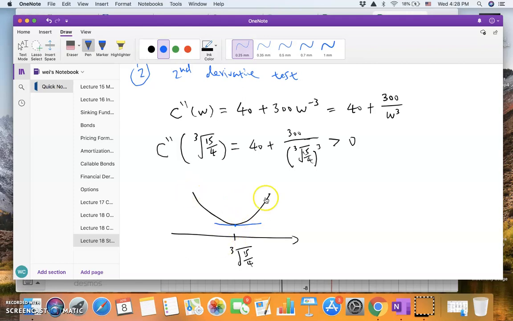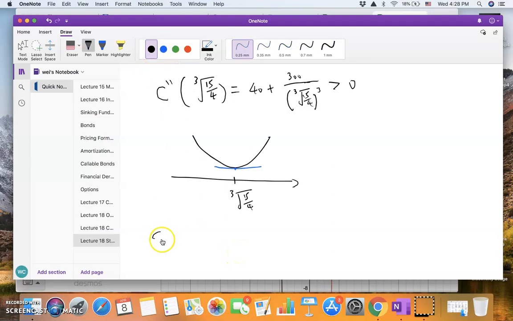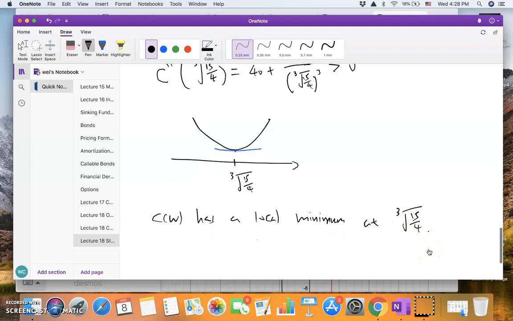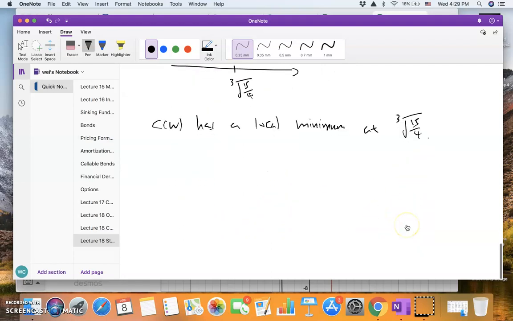So from this graph, we can see that the function has a minimum value at the cube root of 15 over 4. And since this is the only critical point from 0 to infinity, the function also has an absolute minimum at the cube root of 15 over 4.